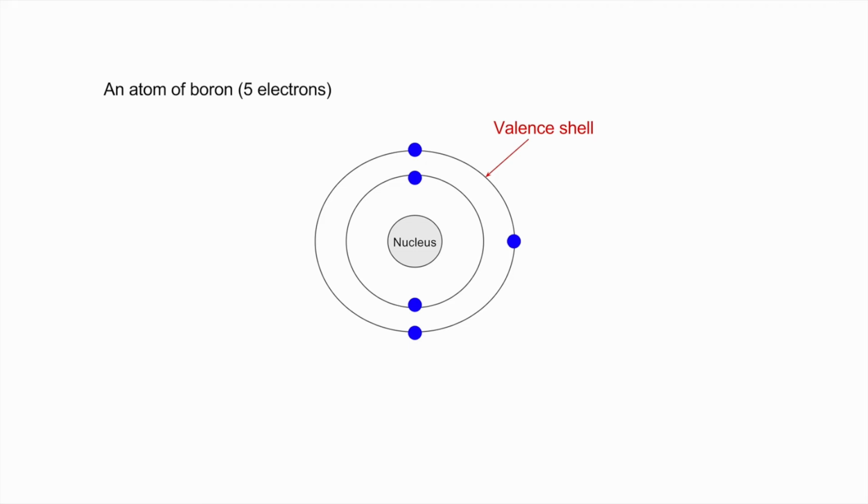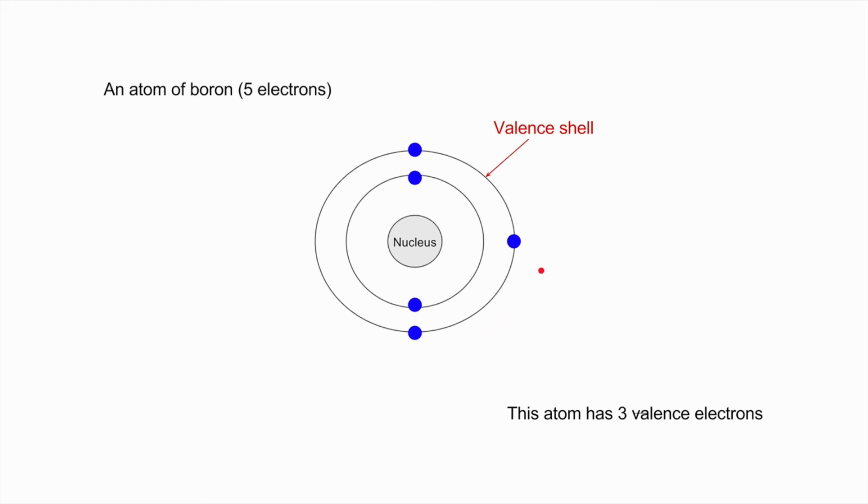To determine how many electrons an atom has on its valence shell, you can just count, remembering that the first ring has a maximum of 2 electrons, and that rings after that have a maximum of 8. So this boron atom with 2 on the inside, 3 on the outside, has 3 valence electrons.